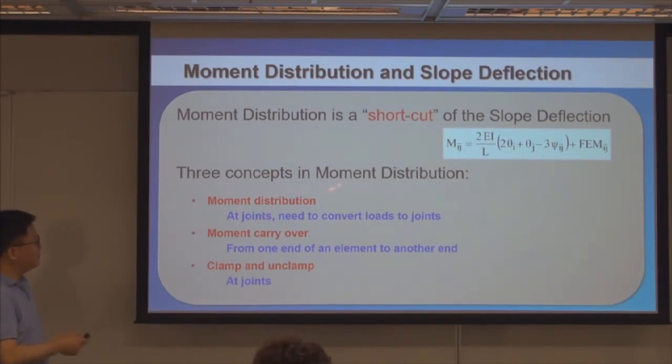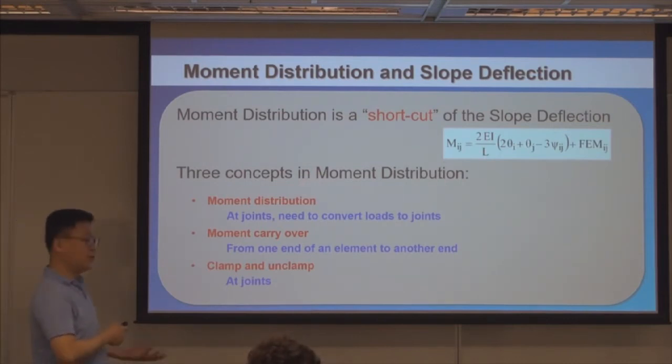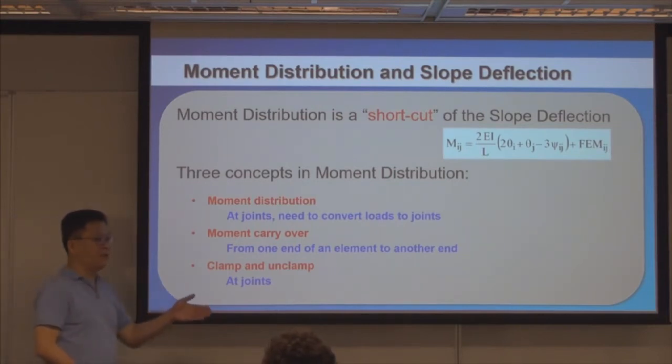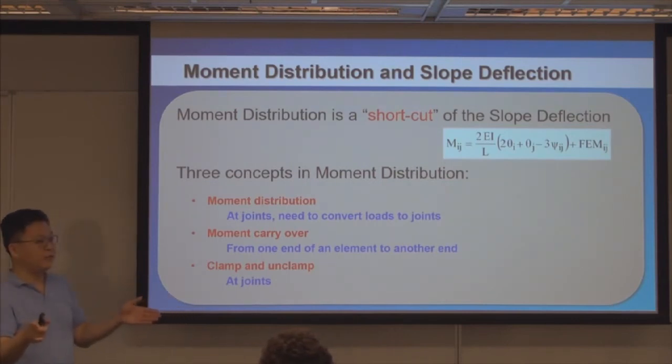Now, to further go on, I summarize the three concepts for moment distribution. The first concept is just what we have described, called moment distribution. That process applies at the joints. And if you have external forces applied on the components, you might need to convert those loads to joint loads. So that's the first concept, called moment distribution. And then moment carryover. From one end of a component to the other end of the component, what happens?